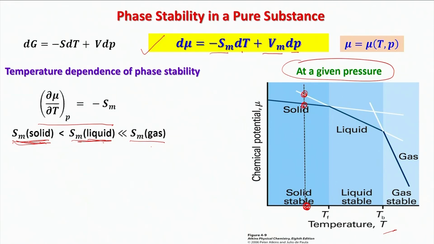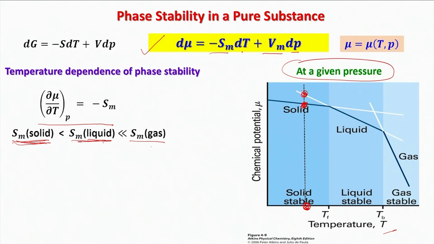Now, if I prepare the system at such a temperature, then what happens? If somehow I can prepare the solid, it will remain stable with its chemical potential at this value. But if I somehow supercool the liquid and prepare it here, then what do you expect will happen?